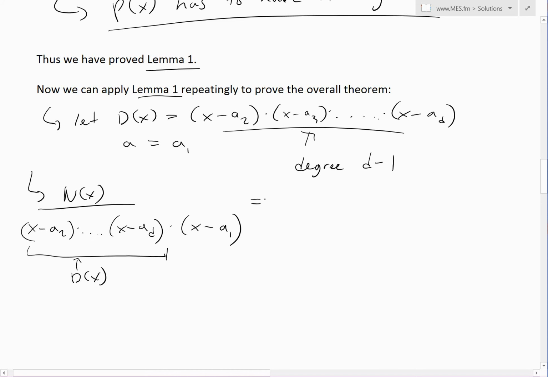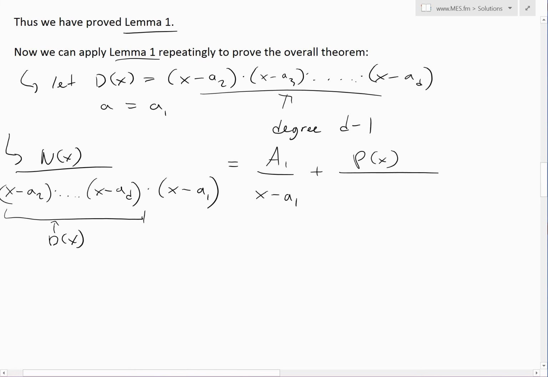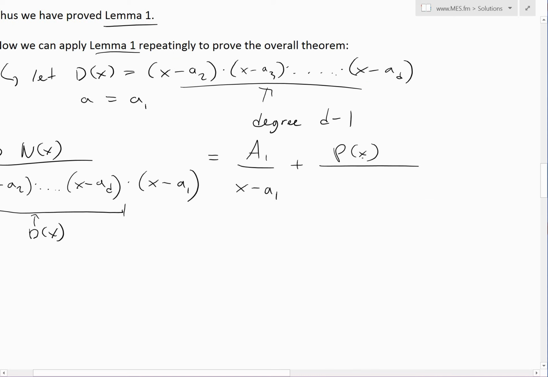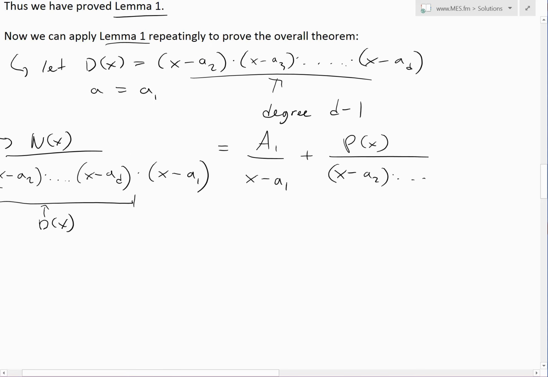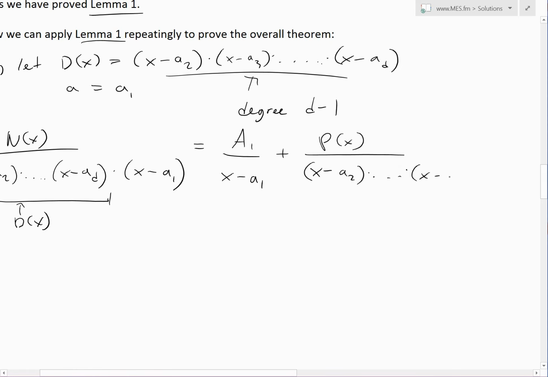By applying lemma 1, we get a1 over x minus a1 plus p of x, which has a degree less than d minus 1. The denominator is just d of x, which is x minus a2 times, keeps going on and on, x minus a d right here.